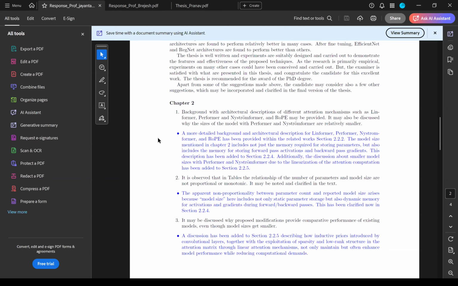Because of that, in certain cases, even though the parameter count is similar, the model sizes as mentioned in the thesis are not monotonic, because the feature output dimension is much smaller in certain cases.